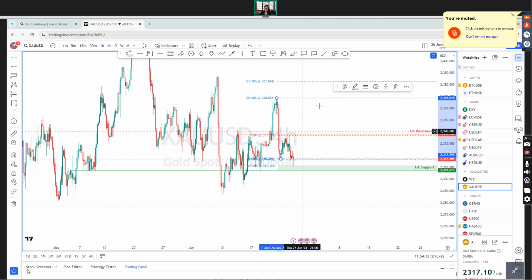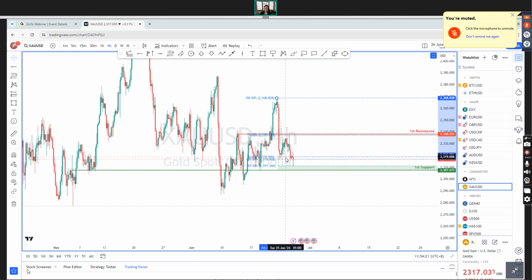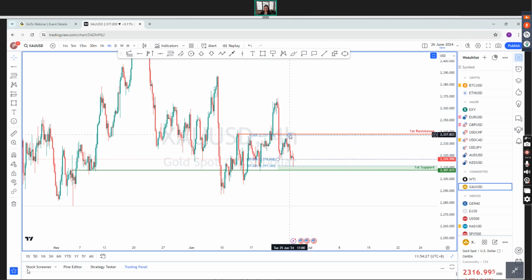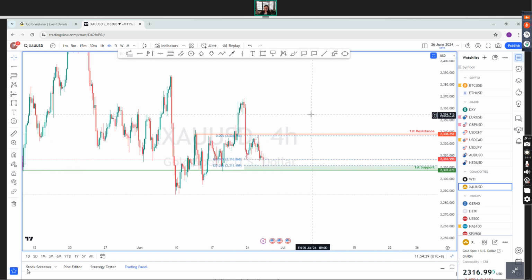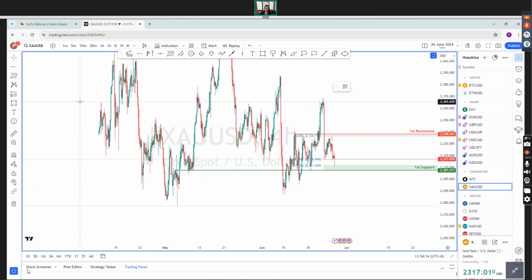Last time price came here to 38.2%. So now you cannot draw Fibonacci based on this swing low. Your swing low is here. H4 hasn't closed, your swing low has changed already, so you cannot base it on this one. That's wrong. I just show you when we get the entry, which is sell at this level. So your first resistance is right there.